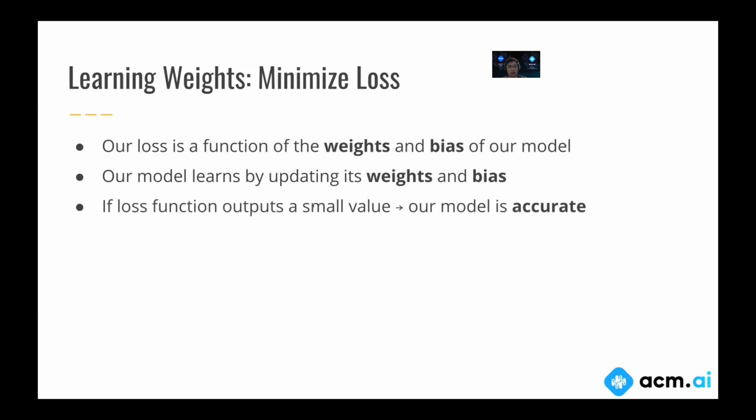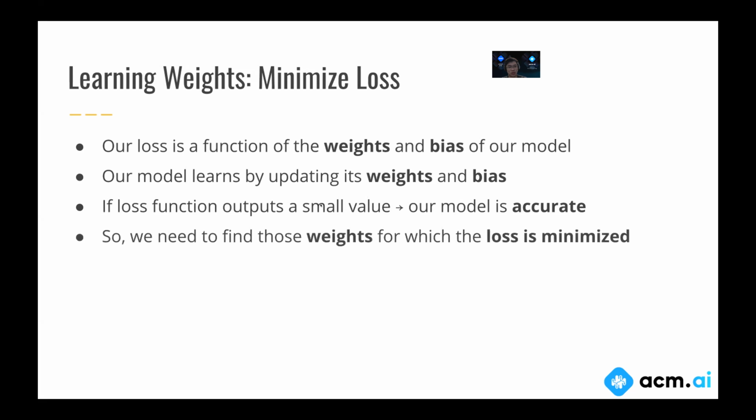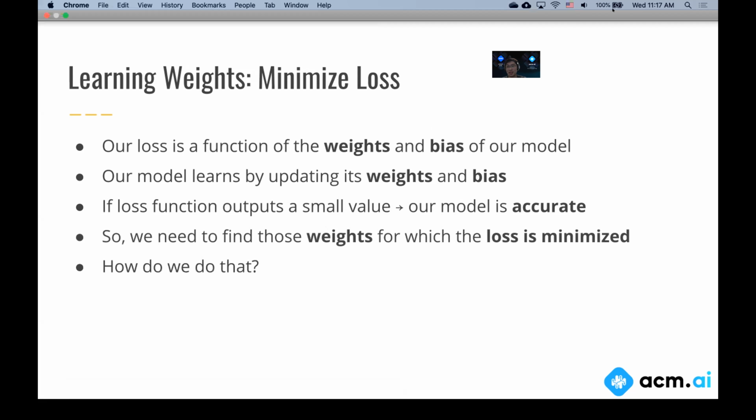Similarly, if our loss function outputs a really big value, then our model is really lousy. So now we have reframed our problem to just finding the combination of weights and biases for which the loss is minimized. So how do we do that?